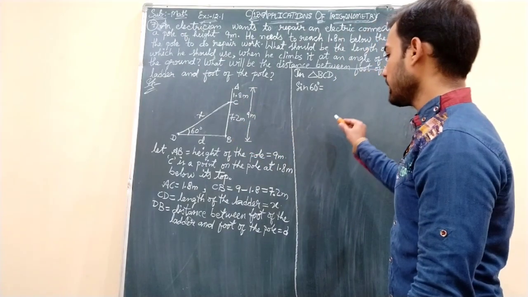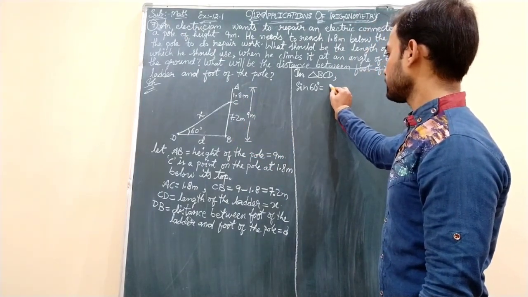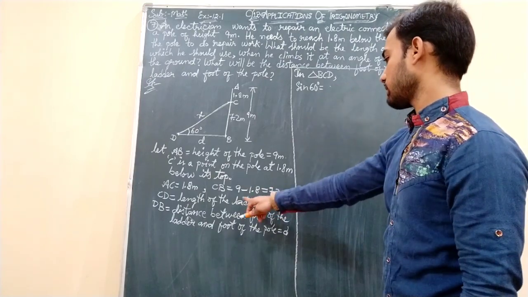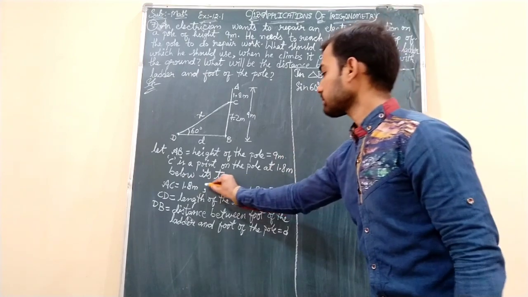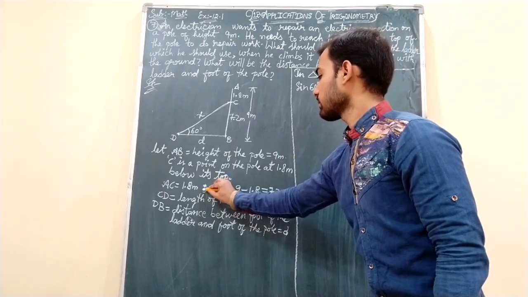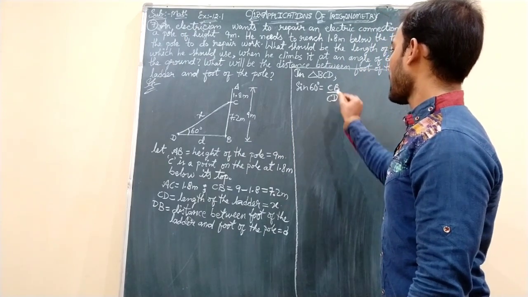So this is opposite, which is CB we took, right? CB divided by CD, opposite by hypotenuse.